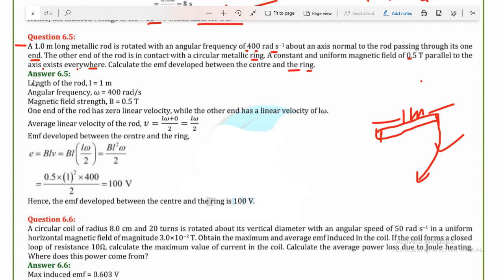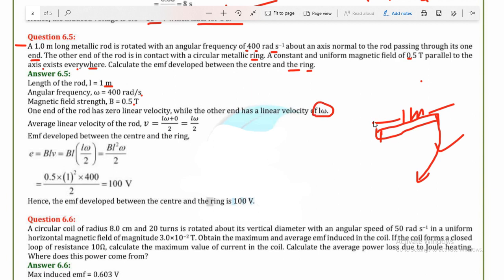So let's see. The given quantities are: length of the rod is 1 meter, angular frequency is 400 radian per second, magnetic field strength is 0.5 Tesla. One end of the rod has zero linear velocity while the other has linear velocity L into omega.